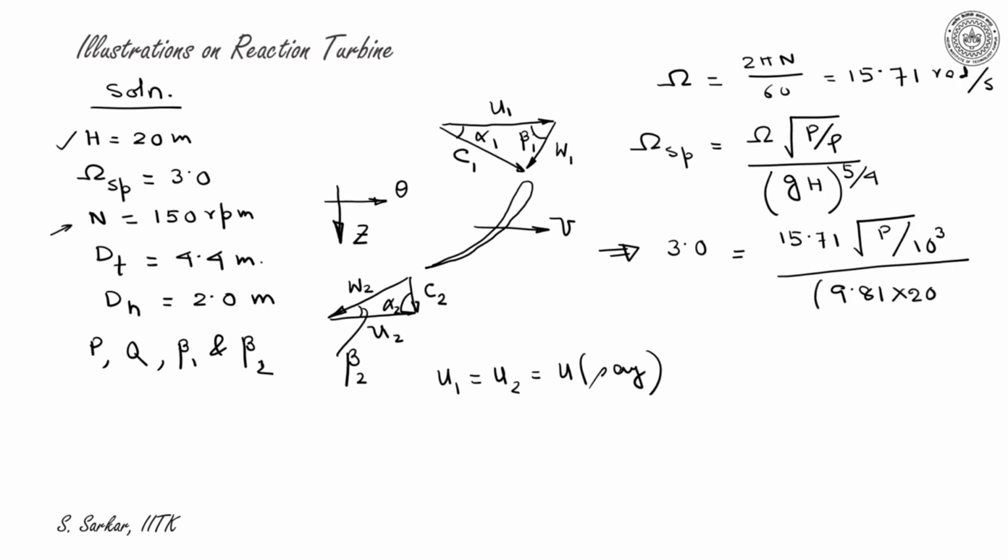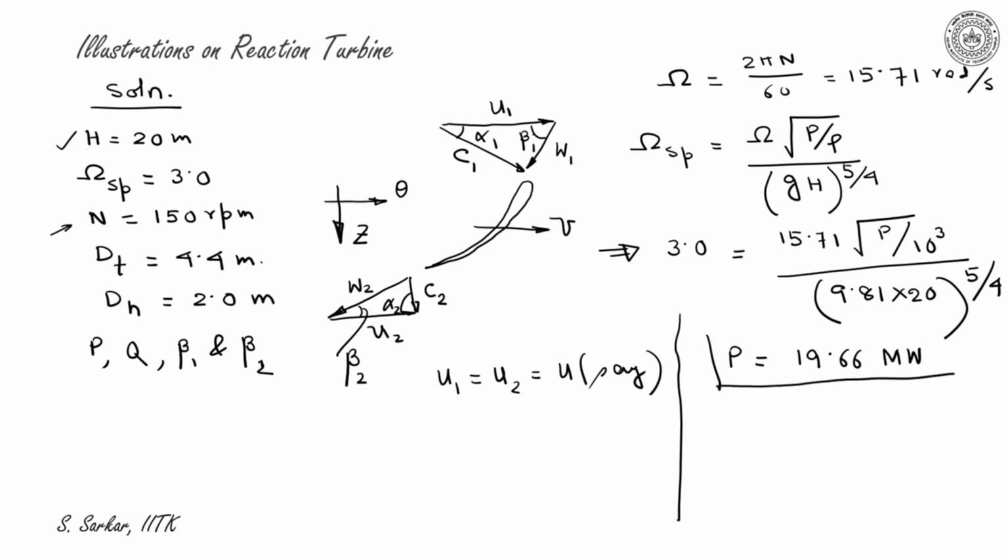Now hydraulic efficiency eta H, expression for eta H is equal to P divided by rho g Q into H. Now we know the value of power, and furthermore the hydraulic efficiency is given here as 0.9. Another thing that I have forgotten to write, that hydraulic efficiency eta is equal to 0.9.